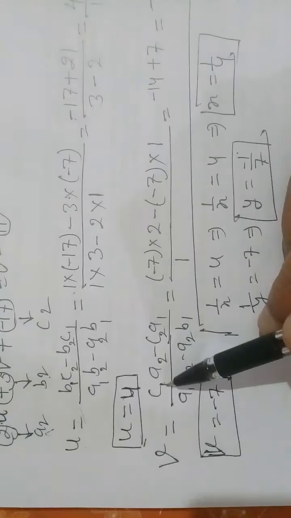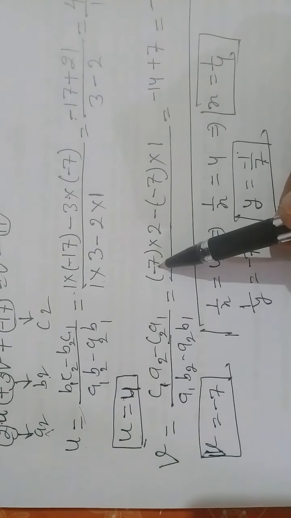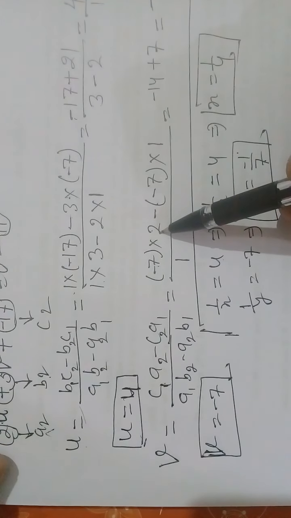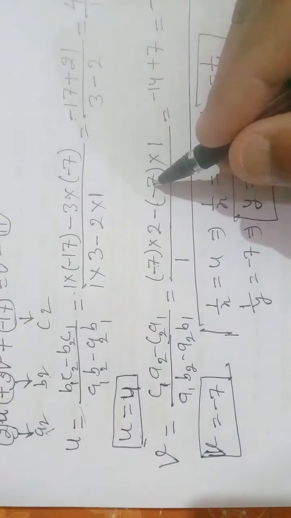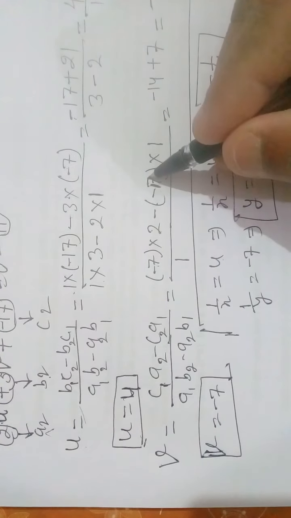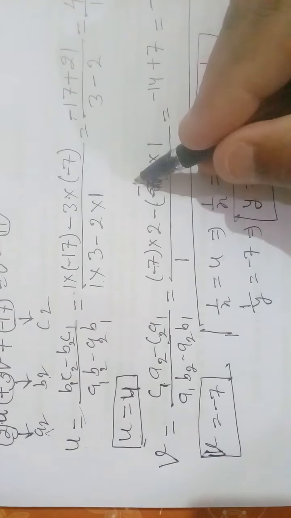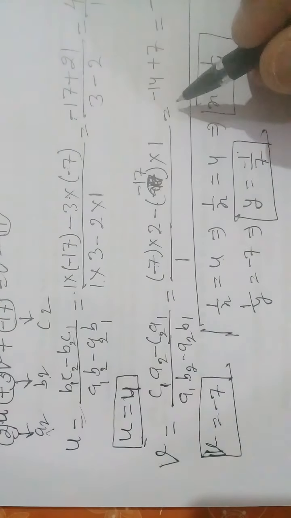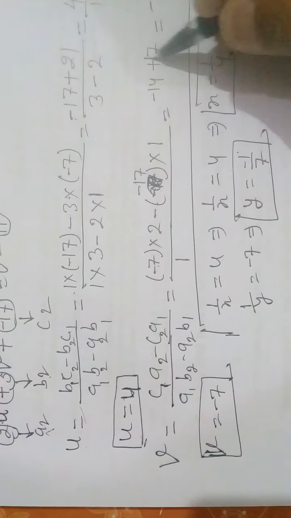Where is the mistake? c1 is minus 7 and the value of a2 is 2, minus c2, the value of c2 is minus 17. Here minus 17 with the minus sign becomes plus 17.